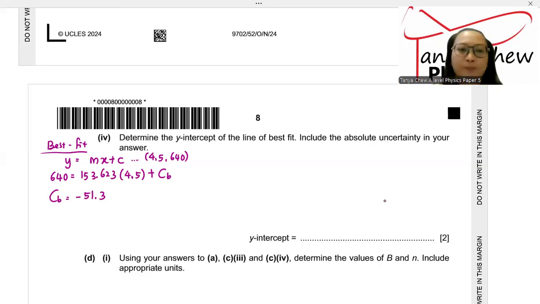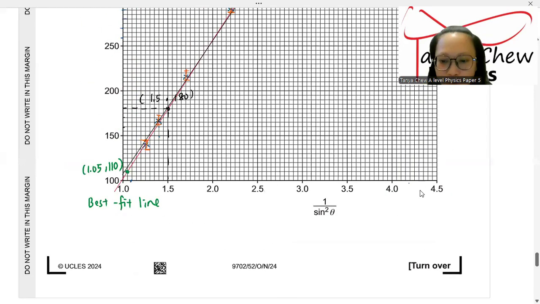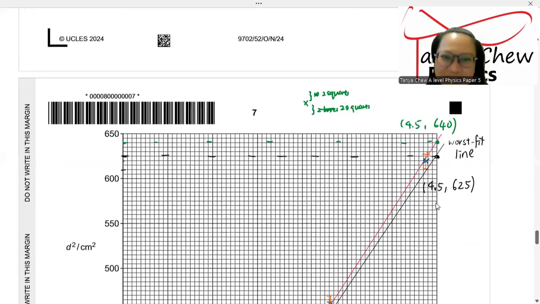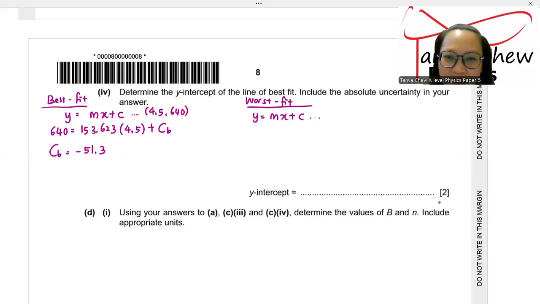Wow, negative, right? For the worst fit, I use the same thing, but the coordinate is taken from the worst fit line. So the coordinate that I take from the worst fit line is 4.5 and 625, right? So my y is 625.